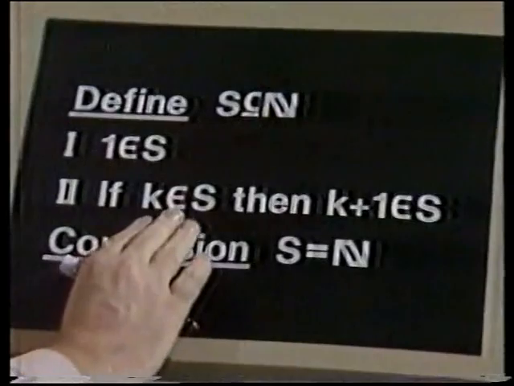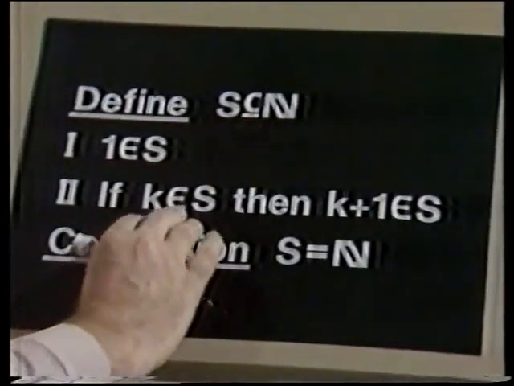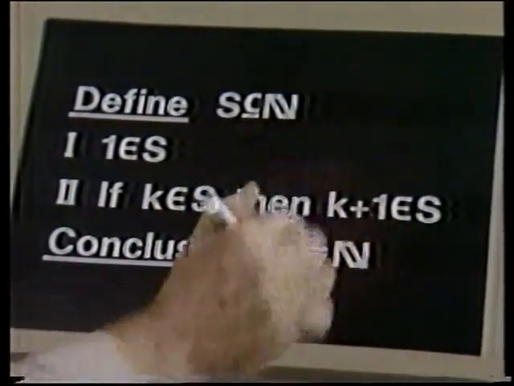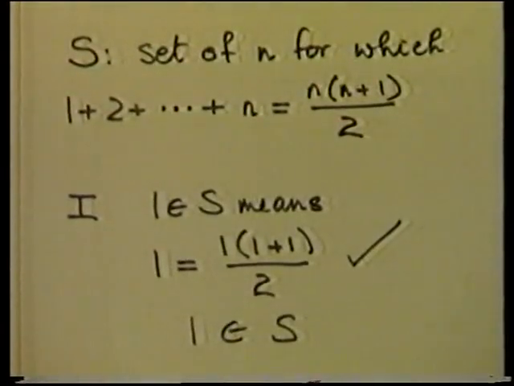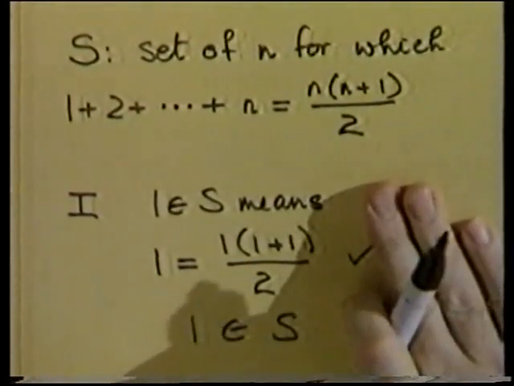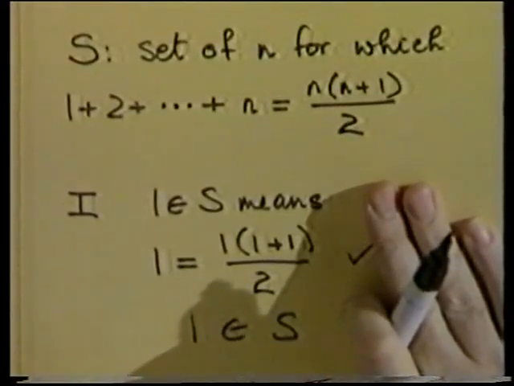Now for the second step, we need to show that if k belongs to S, then k plus 1 belongs to S. So as a start, let's see what k belongs to S and k plus 1 belongs to S mean. Now k belongs to S means that the statement is true for n equal to k.